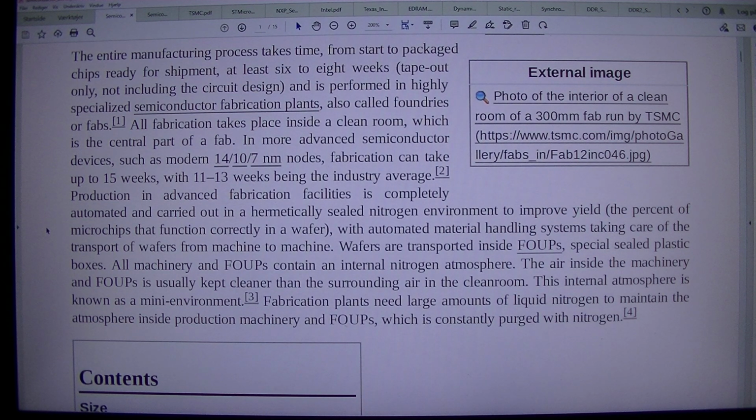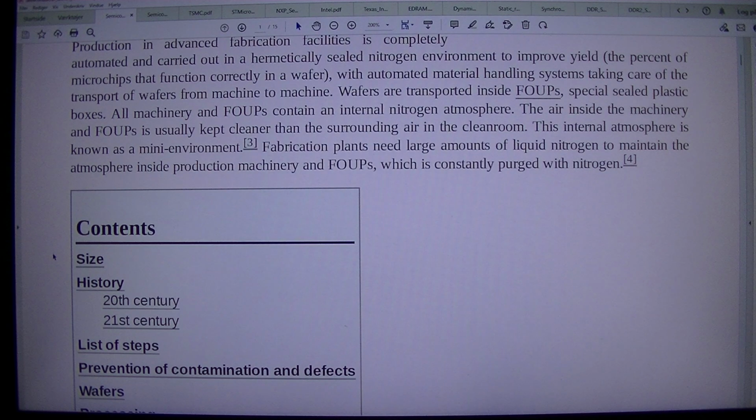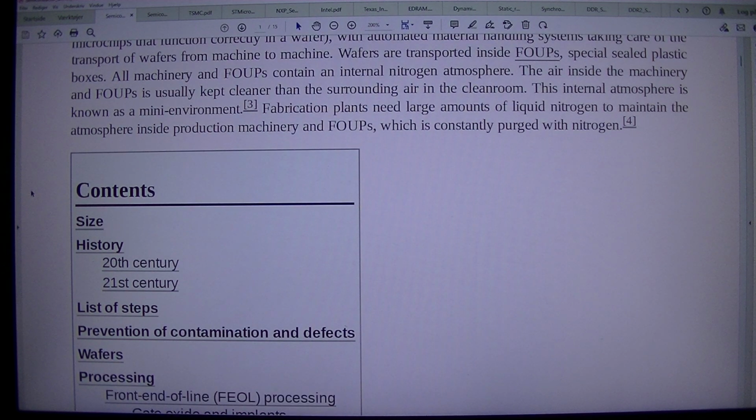Wafers are transported inside FOUPs, special sealed plastic boxes. All machinery and FOUPs contain an internal nitrogen atmosphere. The air inside the machinery and FOUPs is usually kept cleaner than the surrounding air in the clean room. This internal atmosphere is known as a mini-environment.